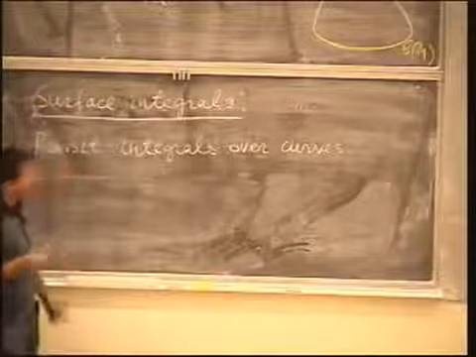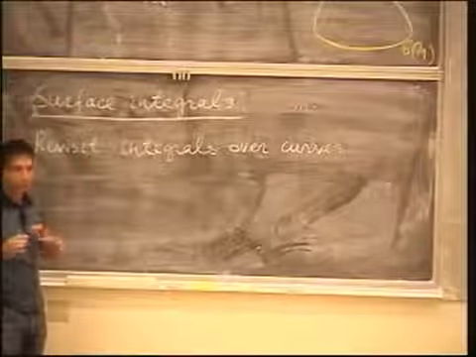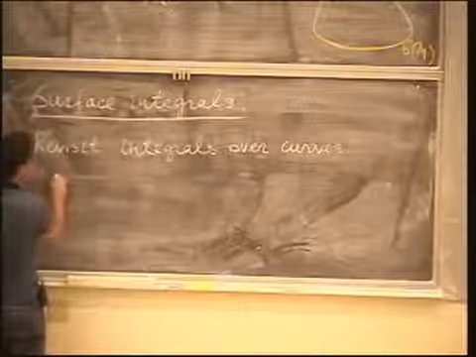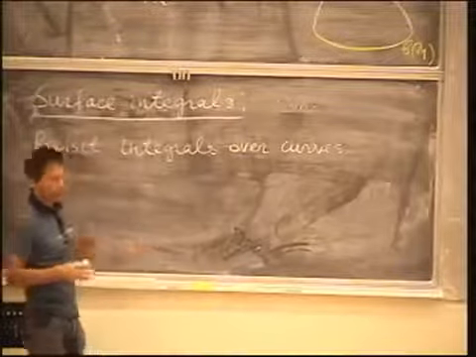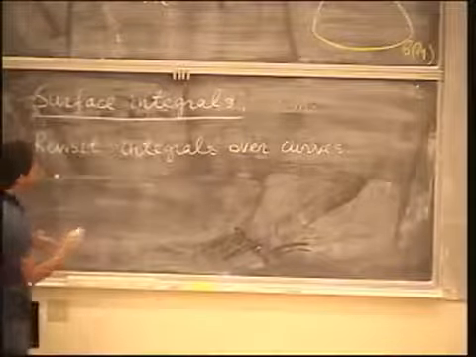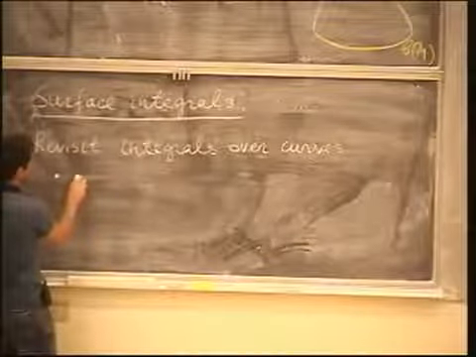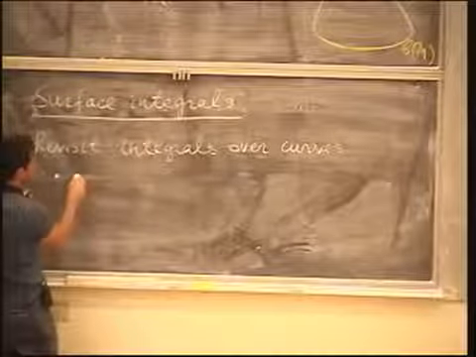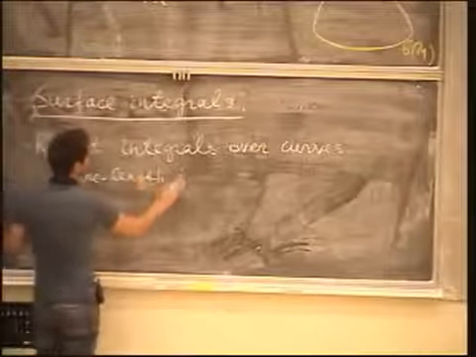One of the aspects of the story, something that I know you have found puzzling at first, is the fact that actually the way we thought about it, there are two types of integrals over curves. One type is the integral of a function, and this is a kind of arc length type integral.